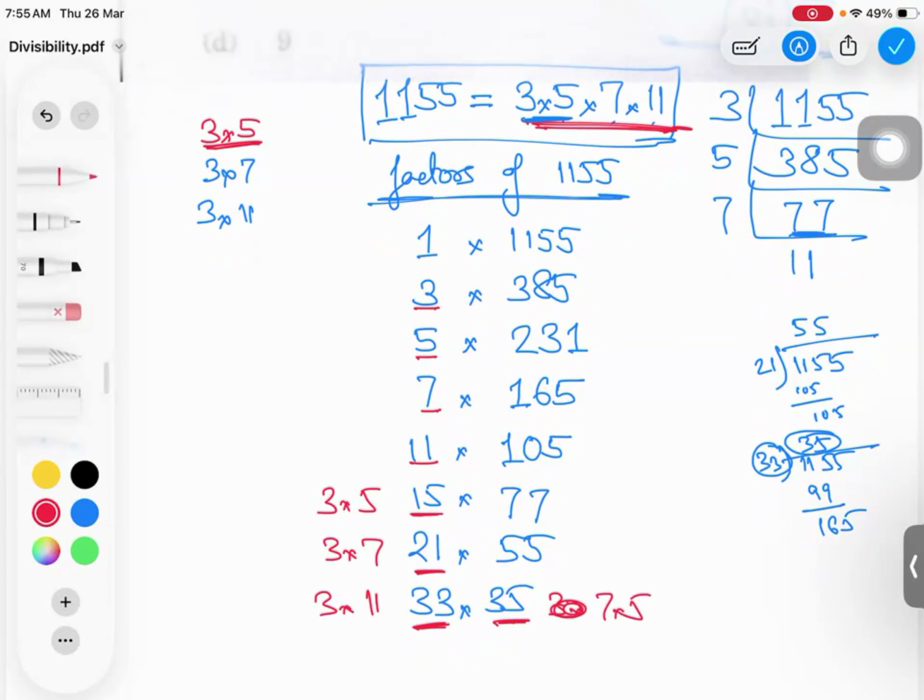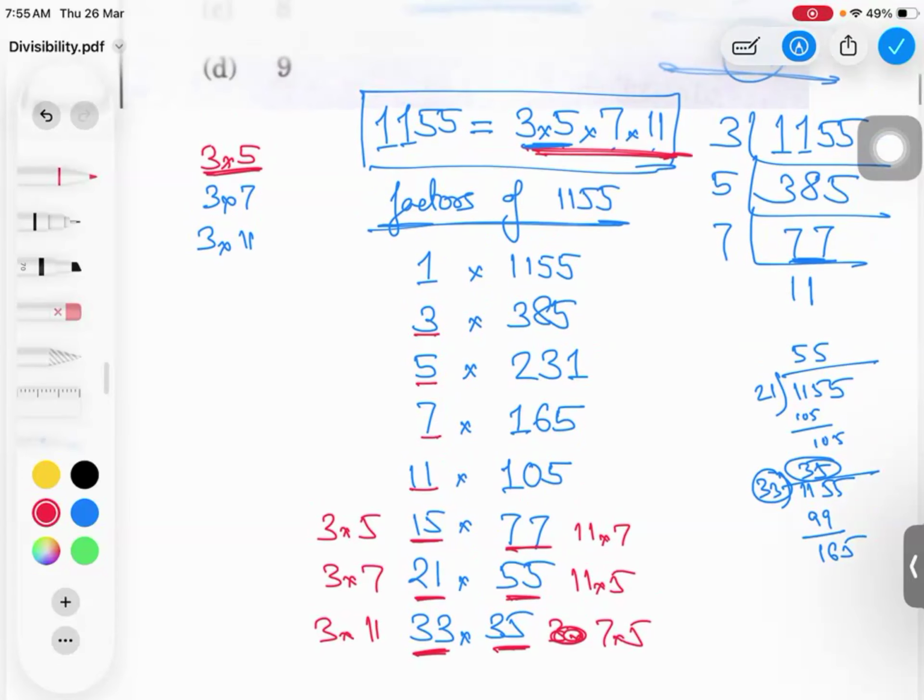You will have to understand how prime factorization makes another set of factors. 55, is it not 11 times 5? 77, is it not 11 times 7? If you look closely, just look here, 3, 5, 7, 11, and then look at the factors.